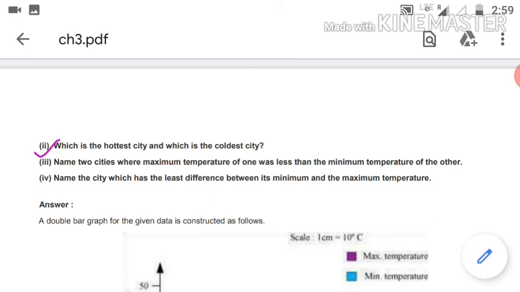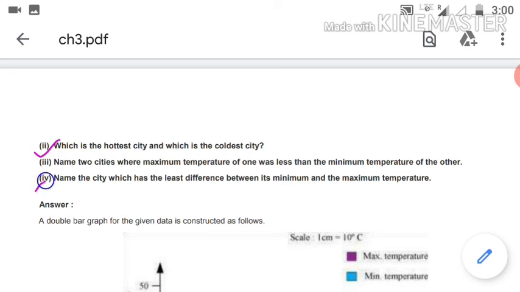Which is the hottest city and which is the coldest city? Whose graph will be the highest, that will be the hottest, and whose graph is the smallest, that will be the coldest. Name 2 cities where the maximum temperature of one was less than the minimum temperature of the other.